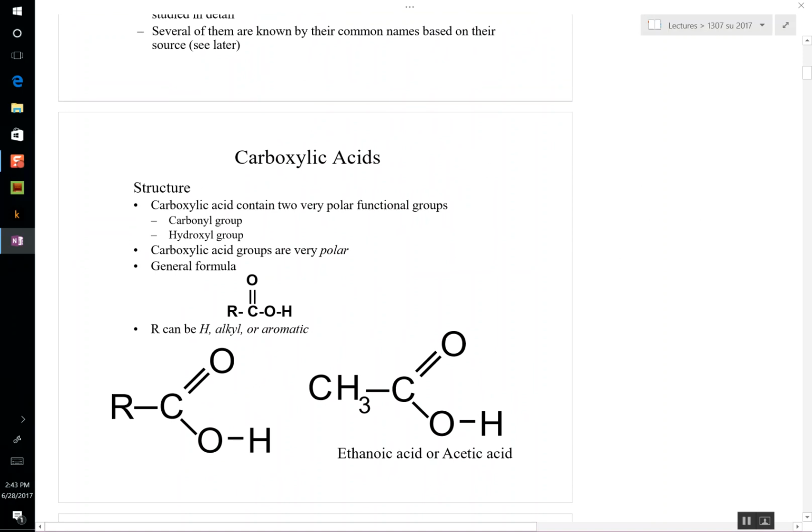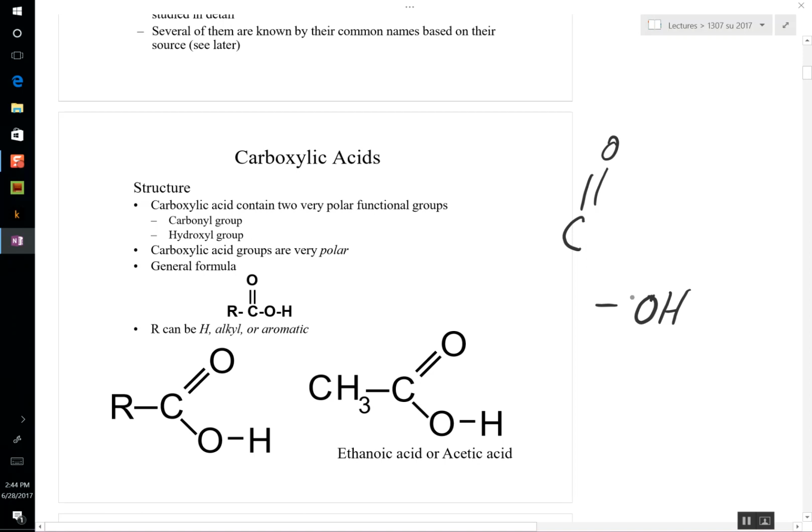Yeah, so they contain two very polar functional groups on the same carbon. You've got a carbonyl and a hydroxyl on the same carbon. These are more polar than alcohols. Of all the things we've talked about so far and said, this is more polar than that, alcohols are more polar than aldehydes and ketones, carboxylic acids are more polar than any of those.